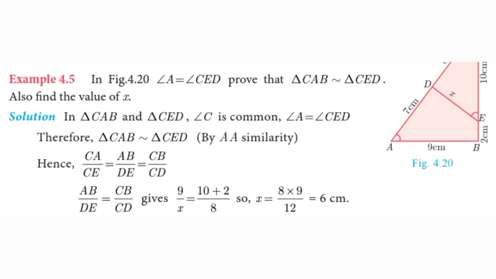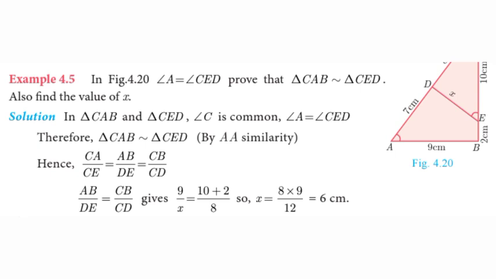What are the corresponding sides? CA divided by CE equal to AB divided by DE equal to CB divided by CD.